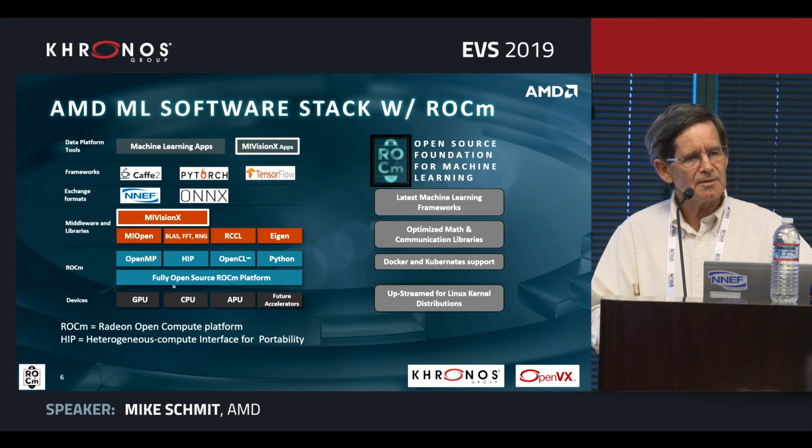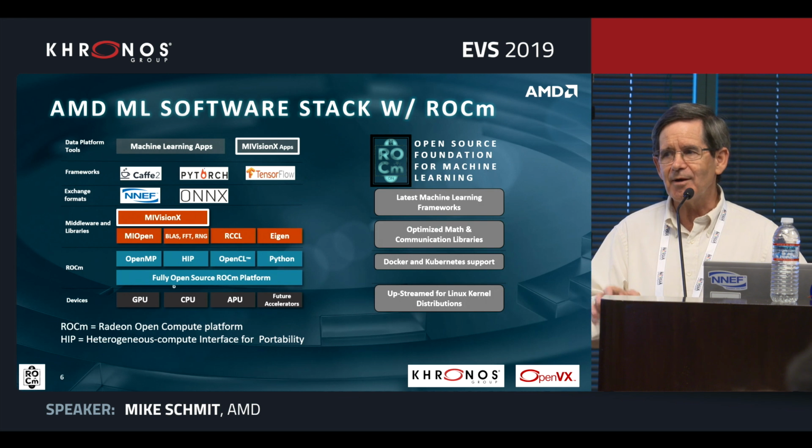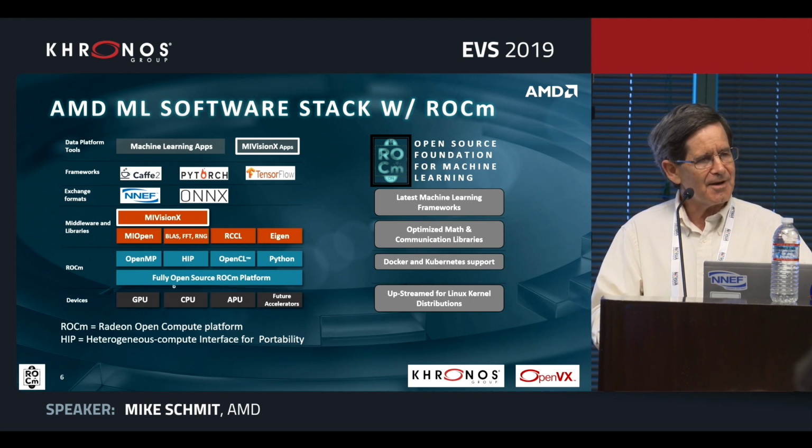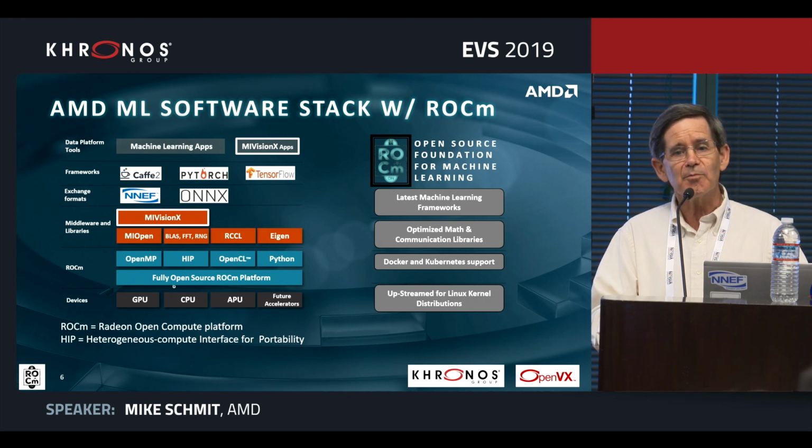ROCm stands for Radeon Open Compute Platform. I know the acronym doesn't exactly match the words, but it was a marketing decision to call it that. HIP is another one that's a bit of a tongue twister: Heterogeneous Compute Interface for Portability.